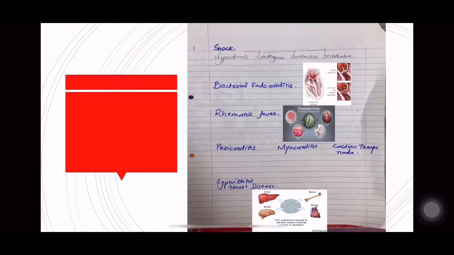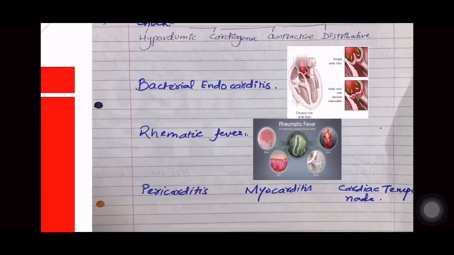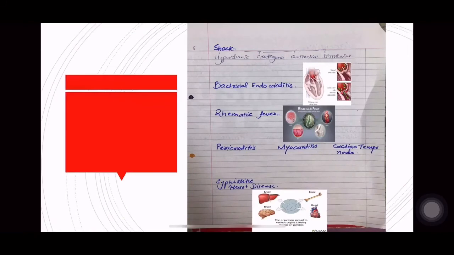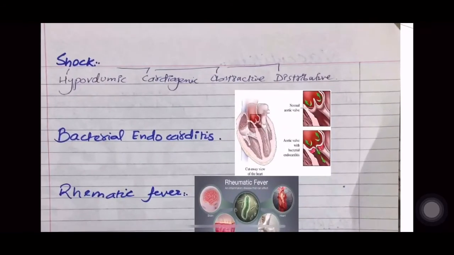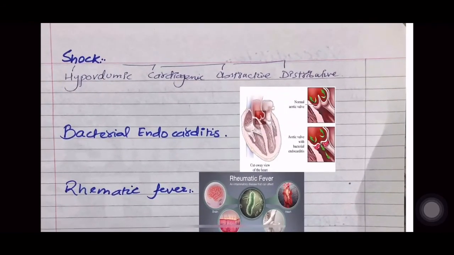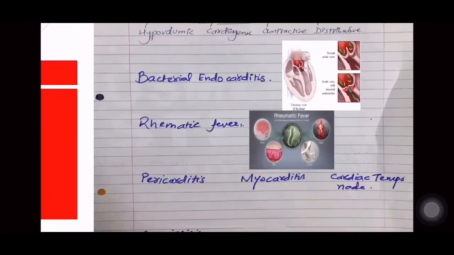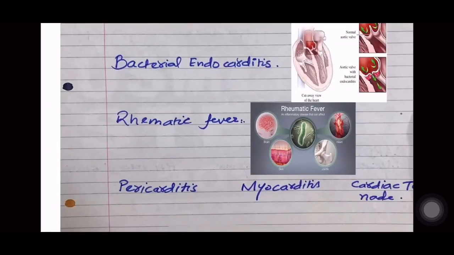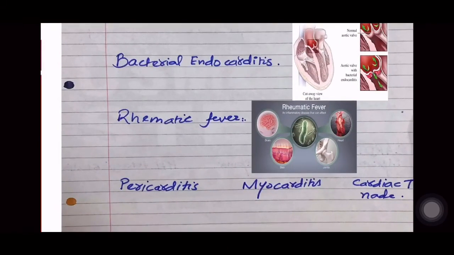Then we have shock: hypovolemic shock, cardiogenic shock, obstructive shock, and distributive shock. Then we have bacterial endocarditis, and then rheumatic fever, an inflammatory disease that affects the brain, skin, joints, and heart.